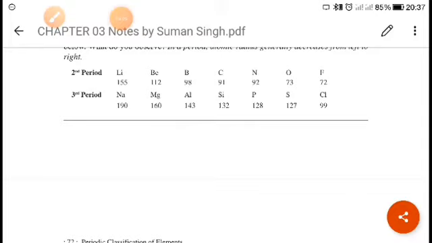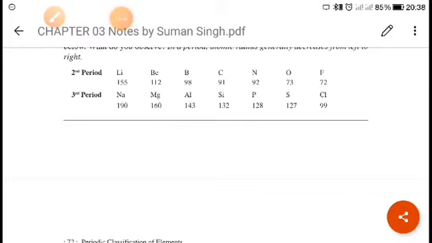Closest approach of two atoms means the stage when the atoms are unable to come any closer without bond formation. At this stage the atoms are in contact with each other without bond formation. This is called van der Waals radius.